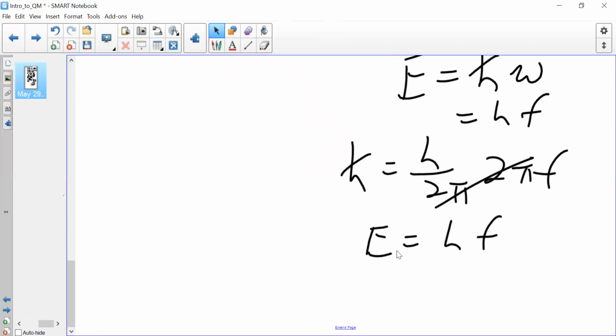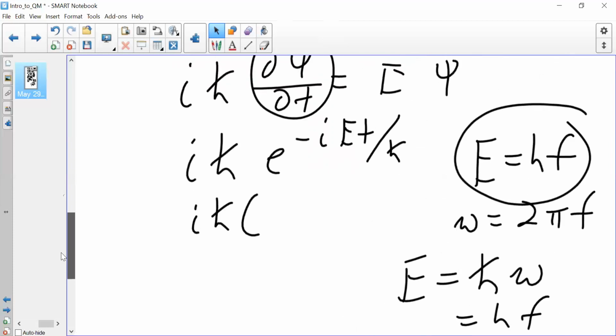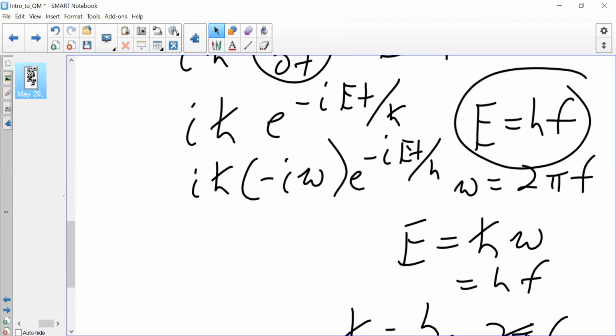I did that to show you that in taking this derivative, you don't have to write out the iE over ħ. You already know from this equation here that E over ħ is equal to omega. So what you're going to basically have is negative i omega times e to the minus Et over ħ.